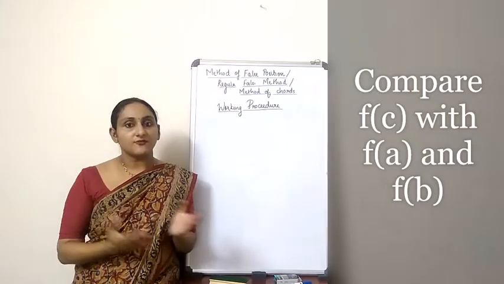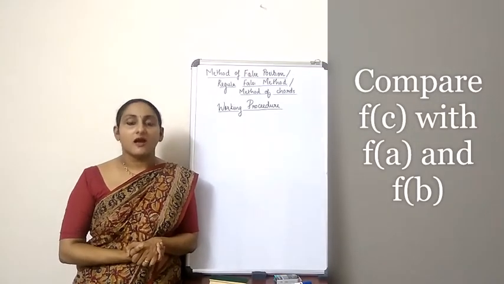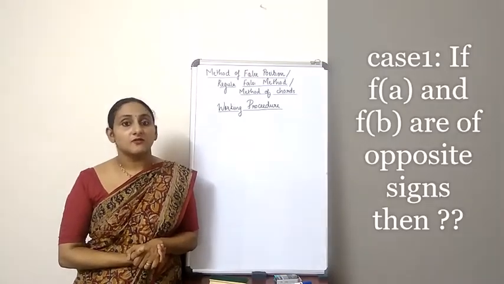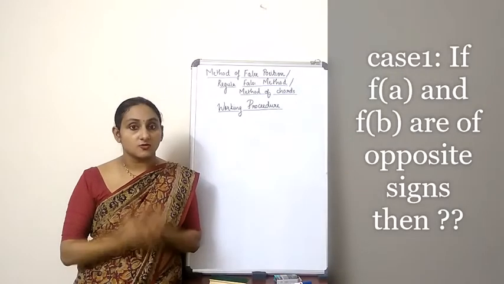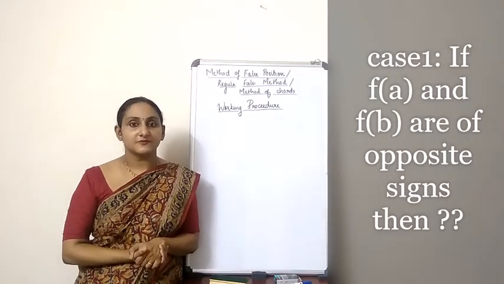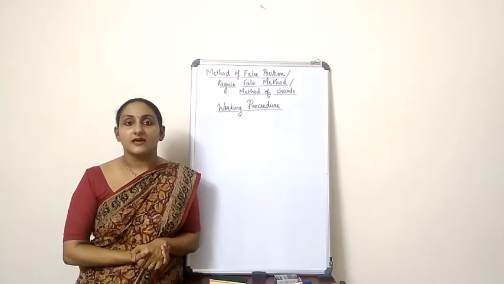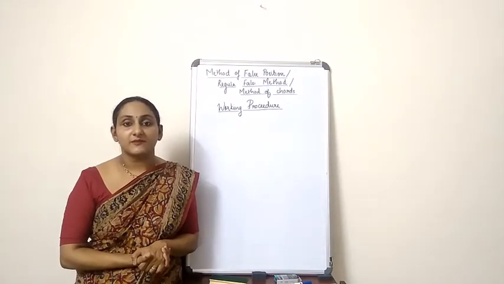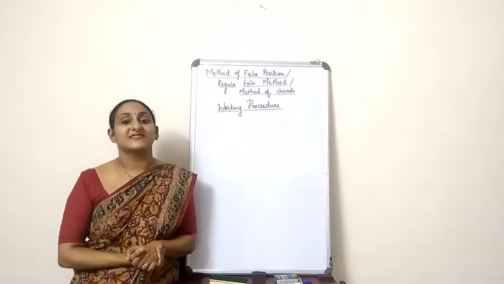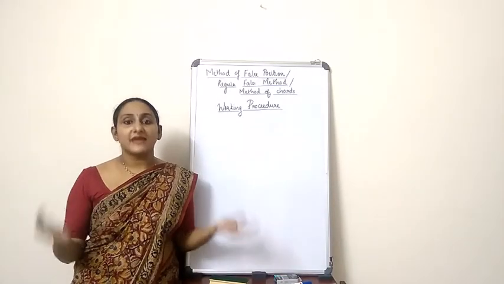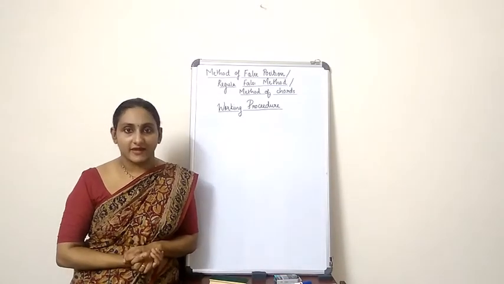Now if f of c and f of a are of opposite signs, then you will replace b and f of b with c and f of c. There won't be any change in the case of a.